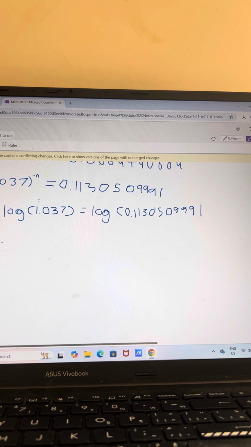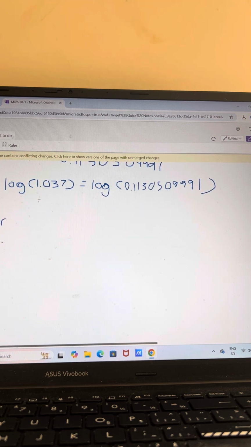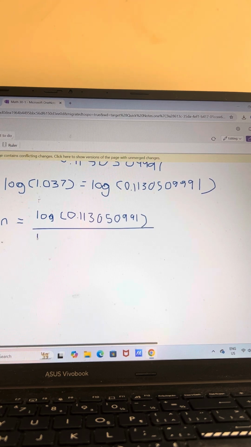We gotta take the log of both sides. And negative n is going to be equal to the log of 0.1130509991 divided by the log of 1.037. Let's go ahead and calculate that.